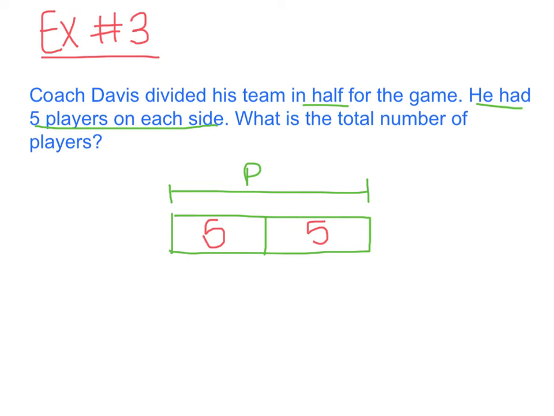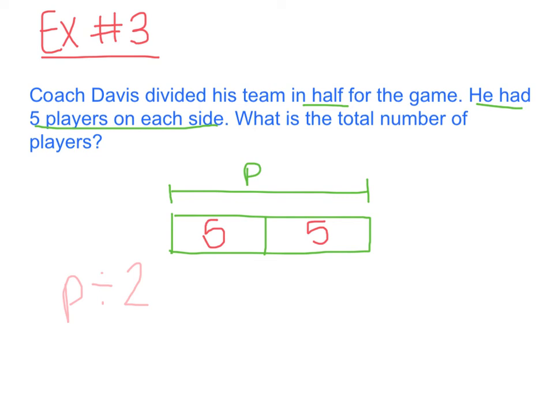So we have our total amount, which we don't know, our P at the top, divided by 2, because there's 2 teams.